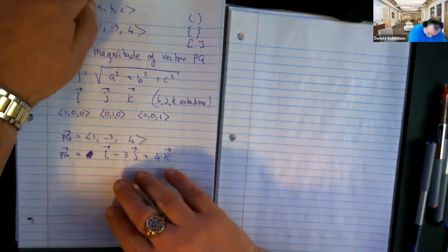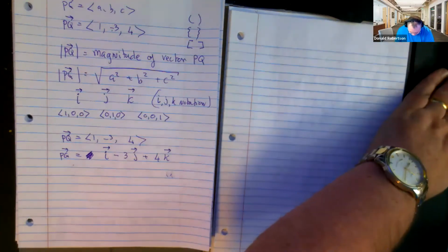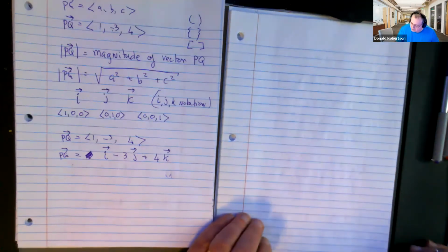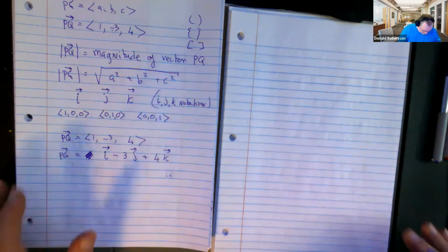And let's look at what seems a reasonable request. And that is, well, if you've got vectors, how do you add them? How do you subtract them? Can you multiply them? What situations can you? Right.